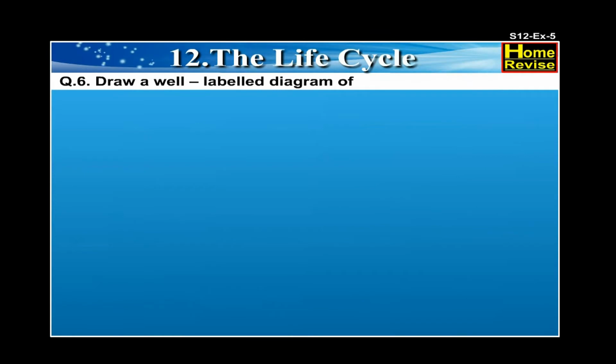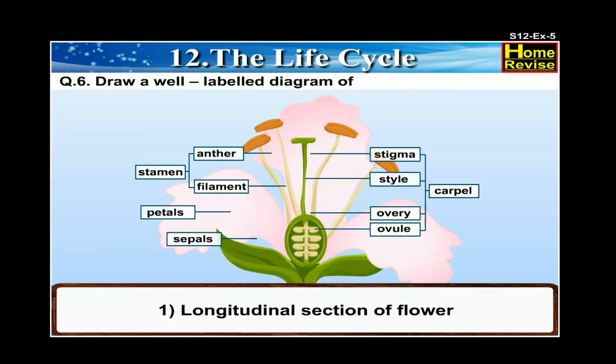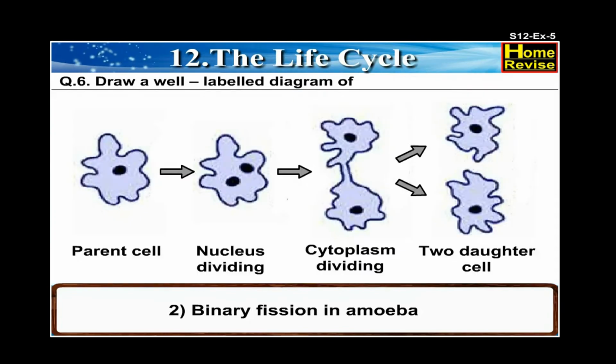Question 6. Draw a well-labeled diagram of first, longitudinal section of flower. Second, binary fission in amoeba.